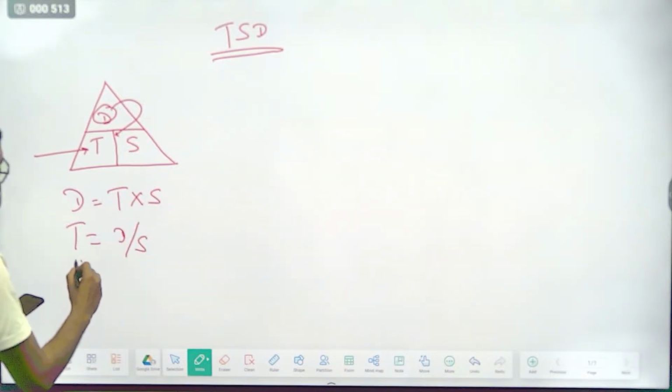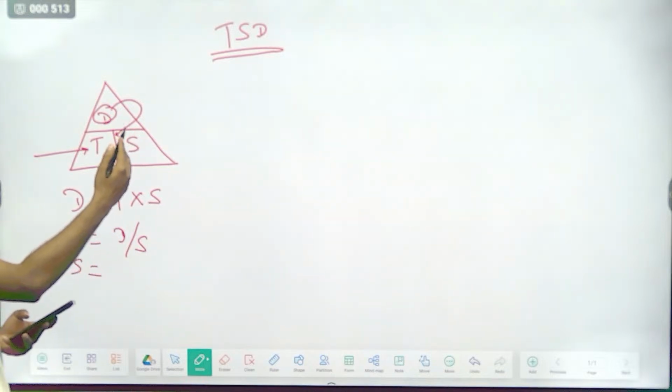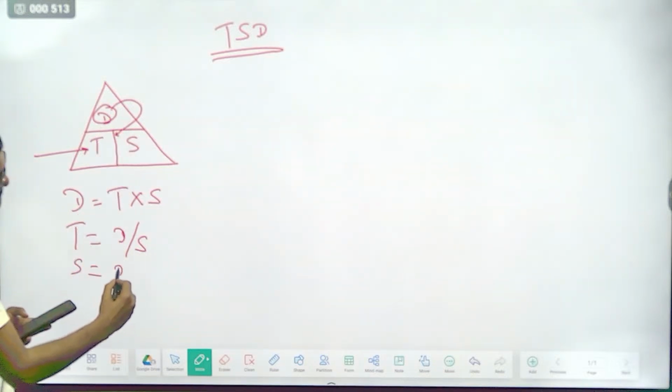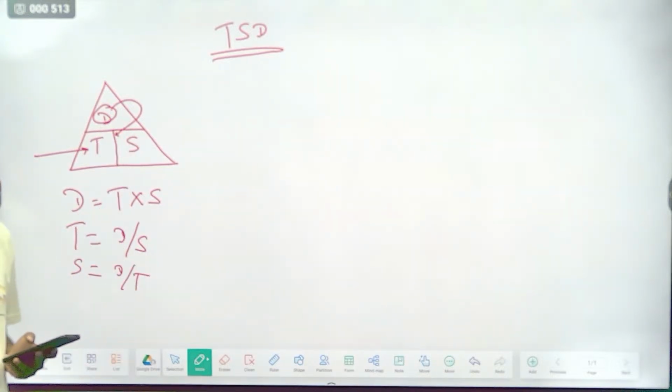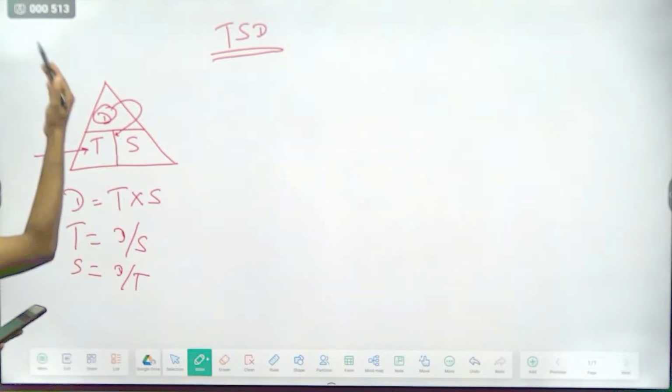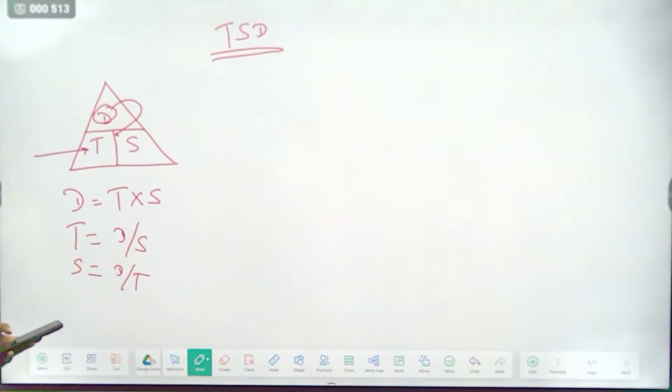Or if you have to find out speed, you do D by T. Are these three different formulas? No, the same formula, just rearrangement. How much distance you have covered, with what speed you have been running, walking, jogging, flying, swimming, against the flow, with the flow, into how much time you have taken. That's it.